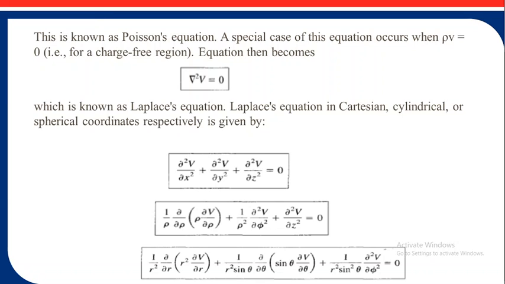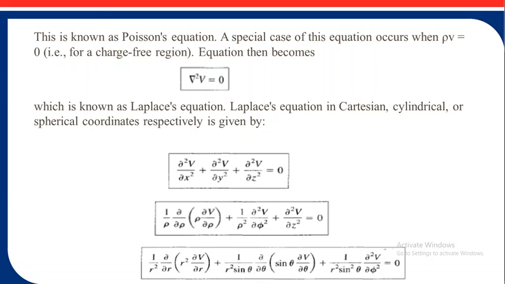Now, the special case of this equation occurs when rho v equals 0, that is, for a charge free region. Then the equation becomes del squared V equals 0, which is known as Laplace equation.